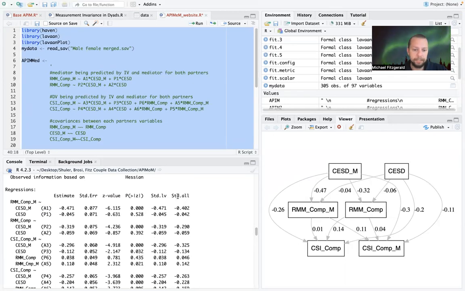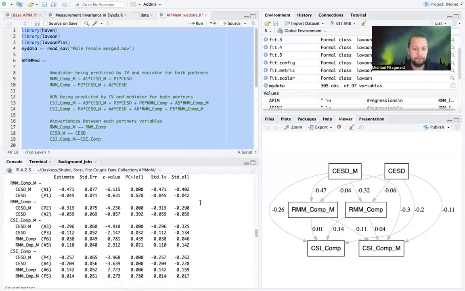And then we have our standardized all, which is our standardized or standard deviation unit metric for our regression coefficients. So as we can see, depression predicts male relationship mindfulness. That's this path right here. But the female, so that's an actor effect, and then the female partner's depression does not impact the male relationship mindfulness. So there is a non-significant partner effect.